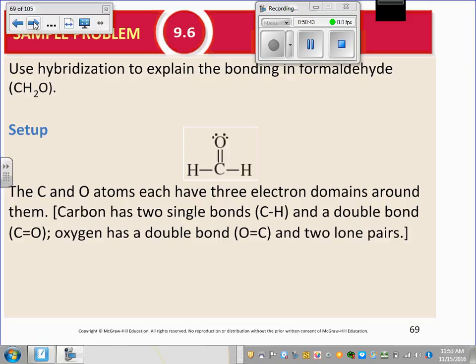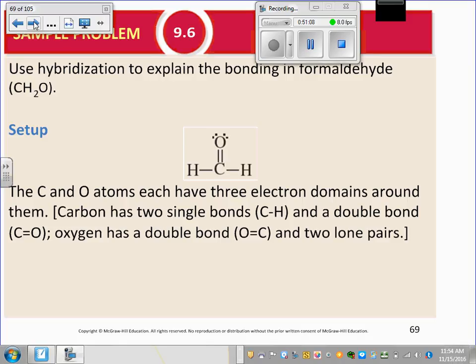Great, we all got that. Okay. So we see a carbon-oxygen double bond. So what consists of a double bond? We got to have a sigma and a pi. Okay. The oxygen also has what on it? 2 lone pairs.